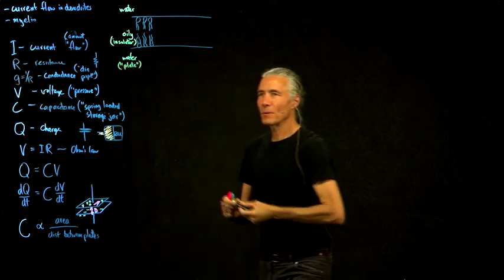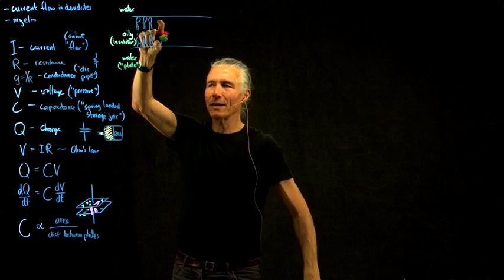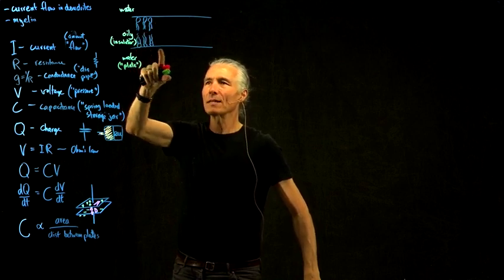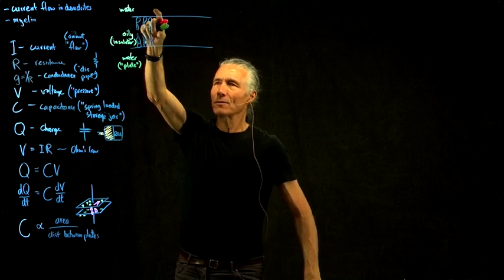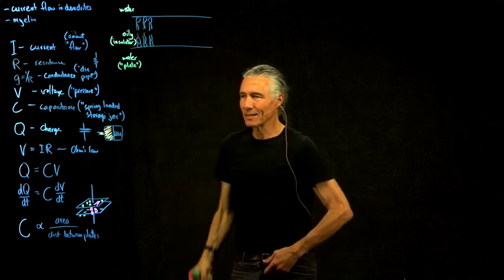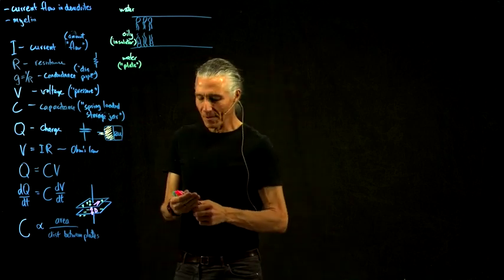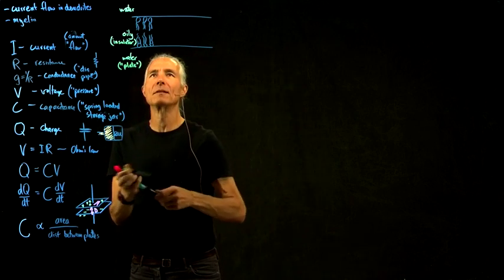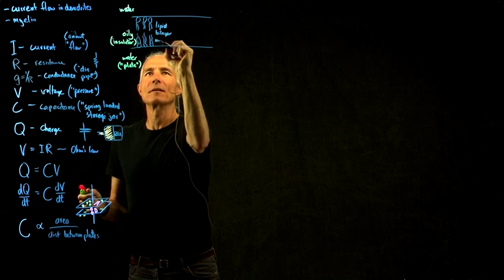And these are pretty much as close to each other as you could possibly get, so it makes a great capacitor. It's really easy for charges to build up here and get stored, kind of get stuck to the membrane. So this is basically the lipid bilayer, because it's got two layers, the membrane.